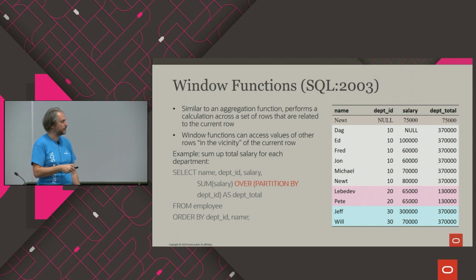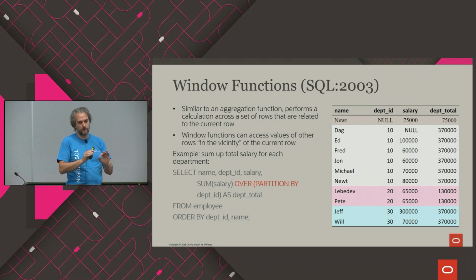So take Ed from department ID 10, poor Ed. Ed earns 10,000, and his department is paying this payroll. And this is the basic windowing function.